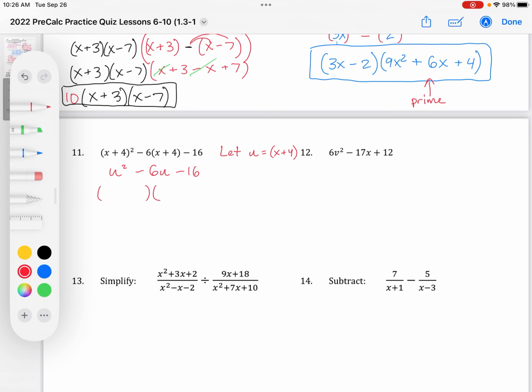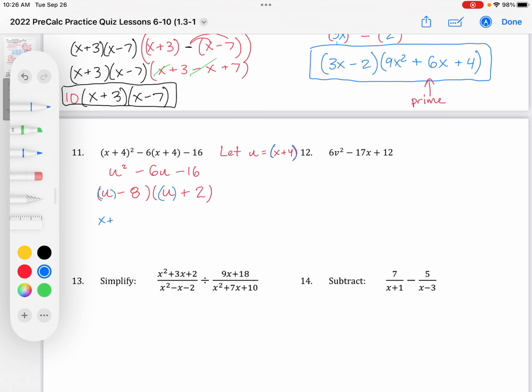So I'm going to try to find factors of negative 16 that add up to negative 6. And those two factors are minus 8 and plus 2. But I don't want u in my answer. I want x plus 4. So I'm going to go back, and where I see these u's, sub this back in.